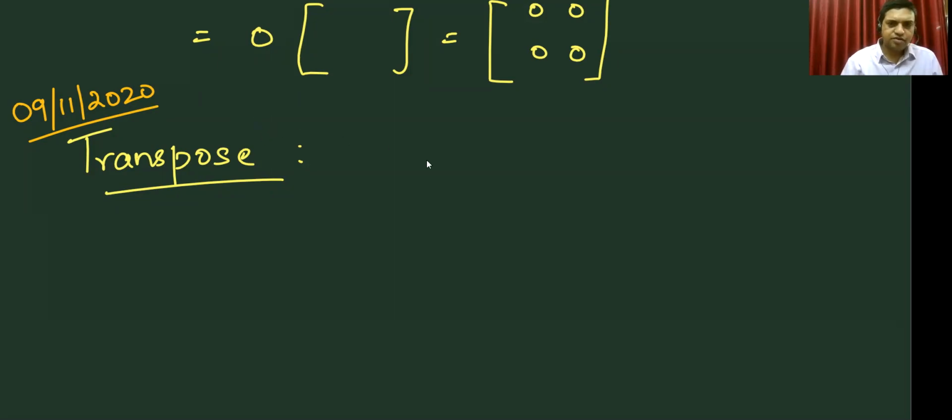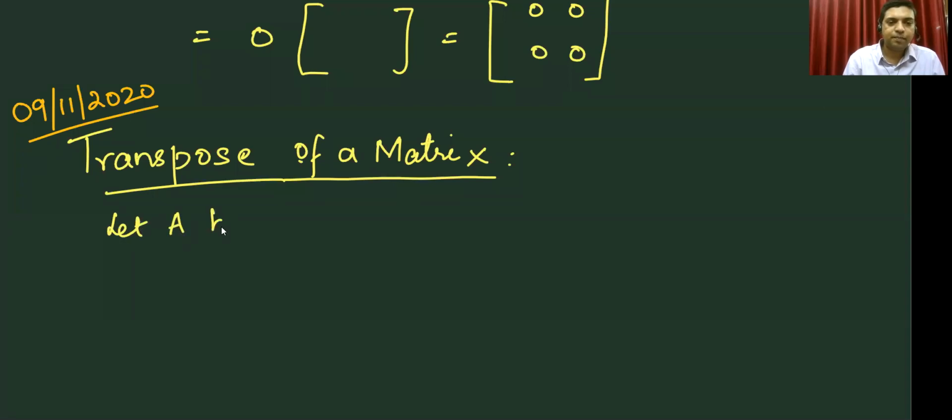So when you say transpose, it means, by definition, the transpose of a matrix. Let A be an m by n matrix, that means a matrix of the order m by n.